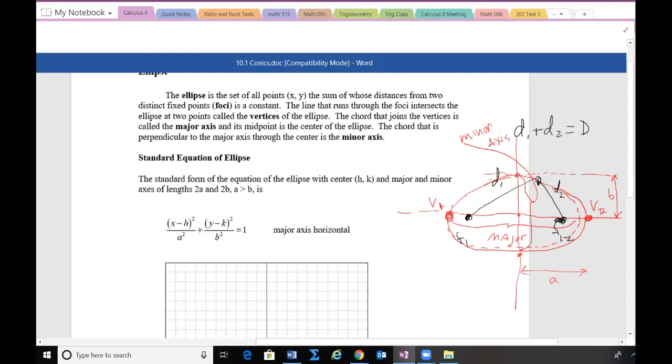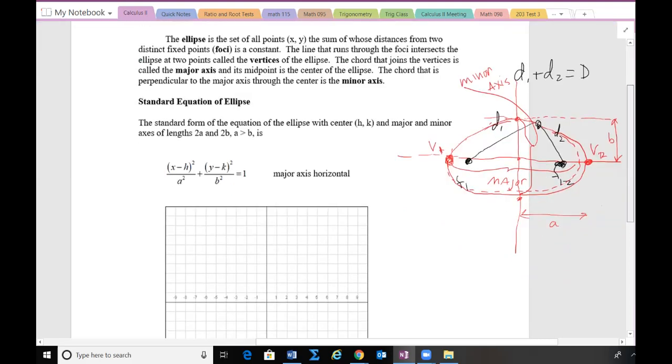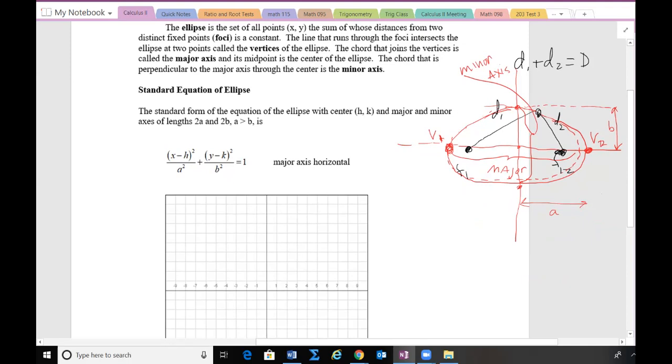Now, through a little bit of logical reasoning, we also give a name to this. We have to give this a name. We're going to call this C, the distance from the center out to the focus. That distance is C. Now, it turns out that there's a nice relationship in here.